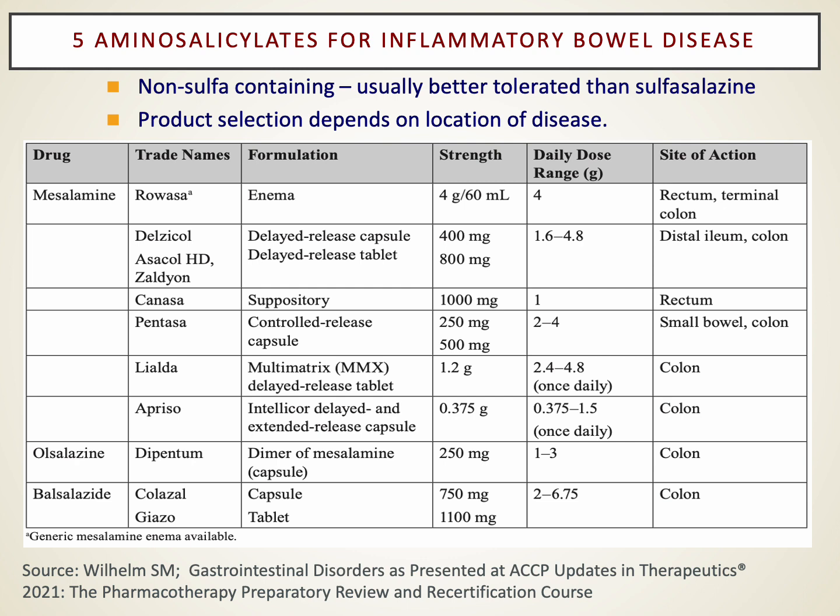The related agents for aminosalicylates, the ones that are more commonly used, that don't contain sulfur and are better tolerated than sulfasalazine, are mesalamine primarily. Olsalazine is available as well. Mesalamine has a number of different formulations, and what's interesting is that the mesalamine formulations are specifically targeted for release at a particular section in the bowel, and so they are not interchangeable.